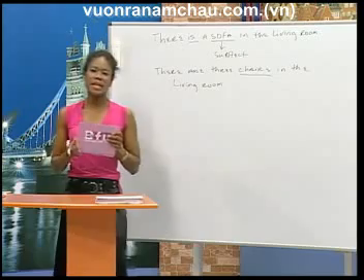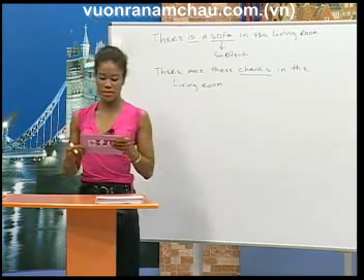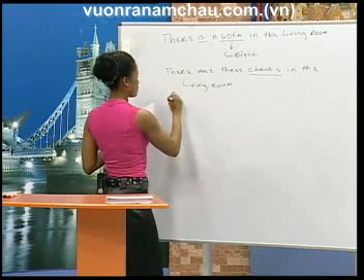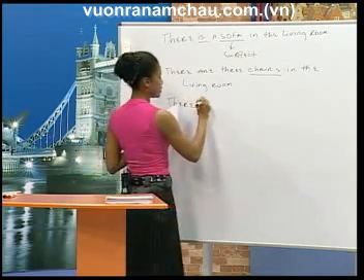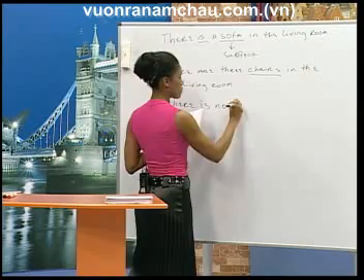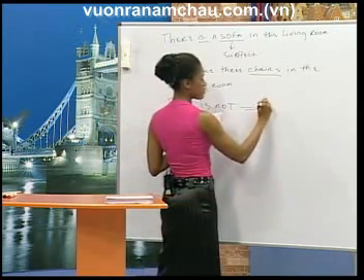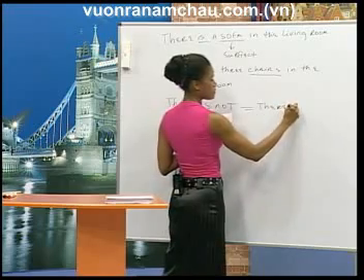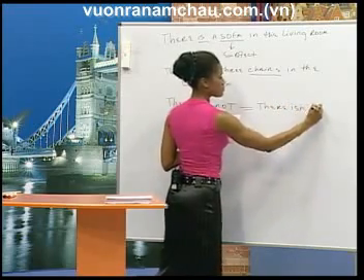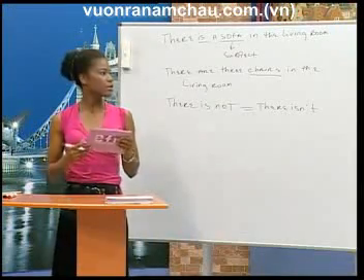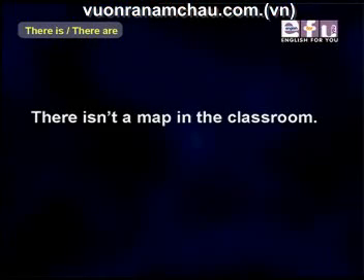All right, now the negative of there is: there is not. Or, of course, the short form, there isn't. Now look at your screen for an example. There isn't a map in the classroom.